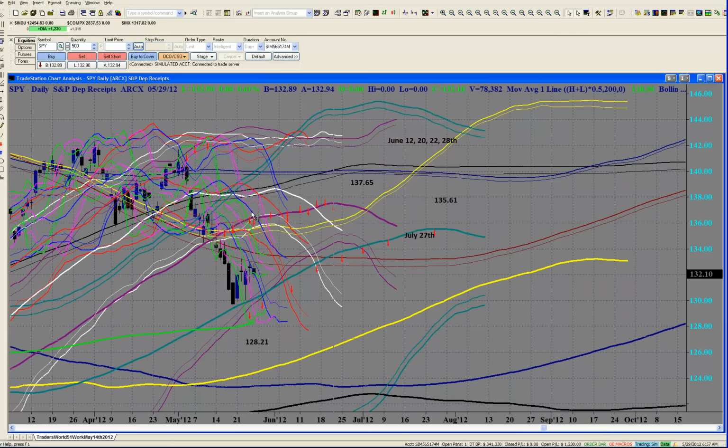We're currently at 132.90. So I'm not actually saying that we're going up there, but I'm saying don't get excited about any kind of resolution that the policymakers may have to what's going on in Europe, because at best that rally is going to fail at those levels, and at worst it's going to fail today if we indeed break out of that 1317 area and the 1314 area on the S&P 500 June futures.